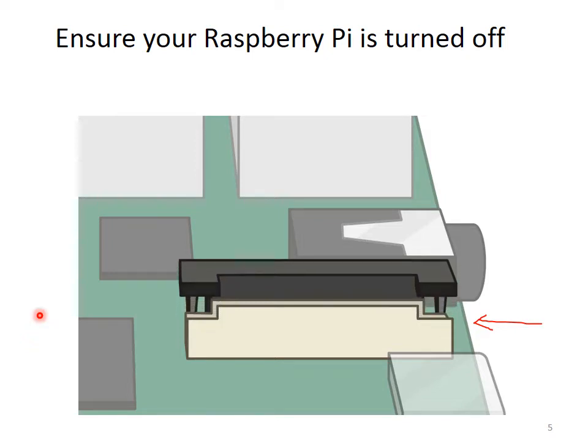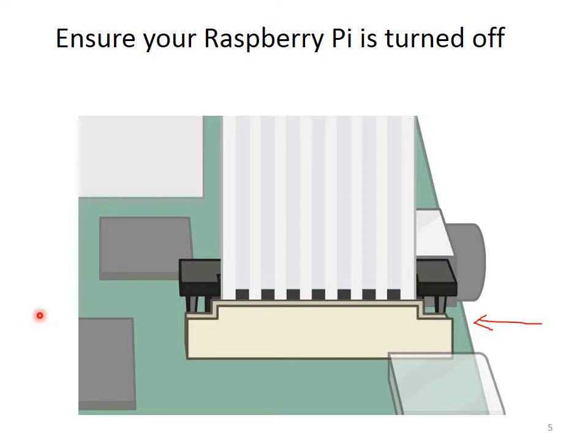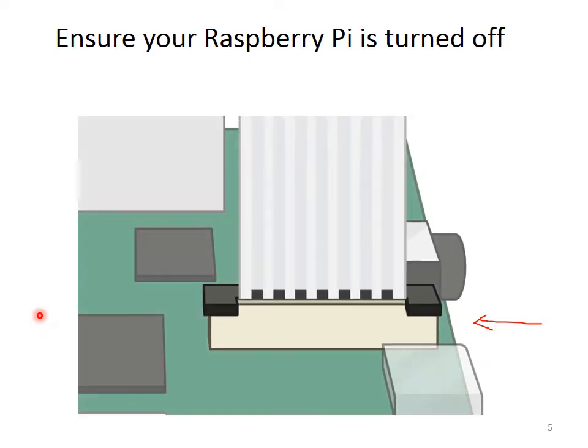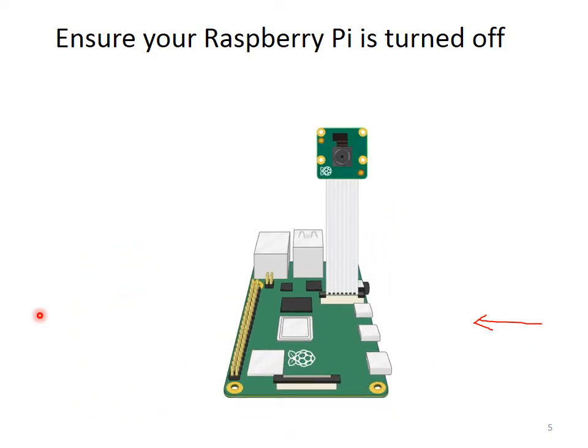You have to pull the slider up, place the terminal of this camera module like this, see this carefully, and after that push that particular slider. After this you can be sure that your camera module is successfully connected.